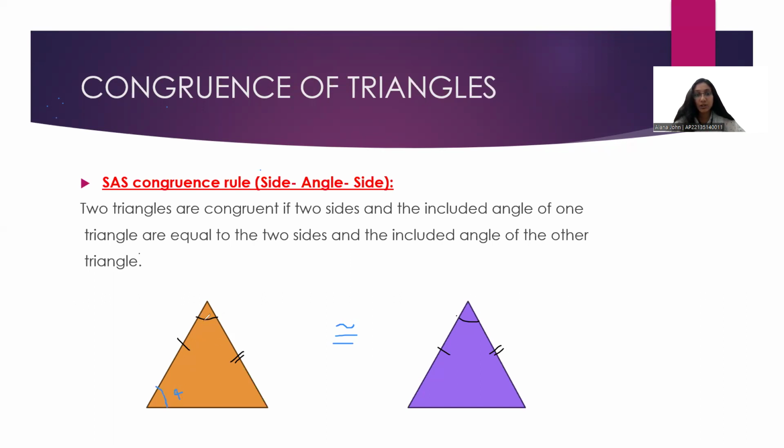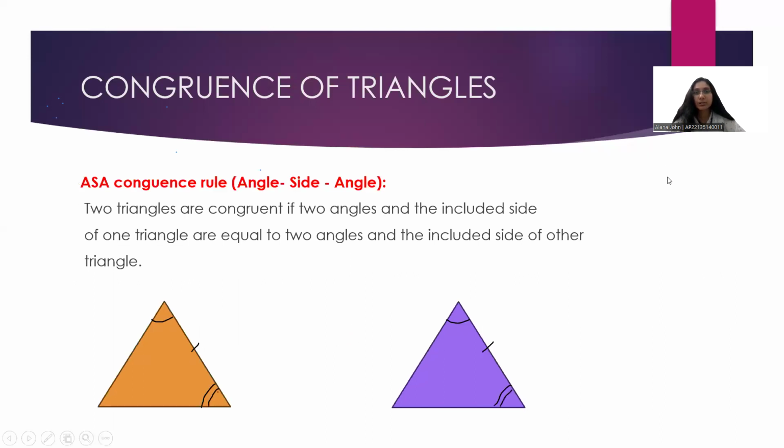The angle taken should be in between the two equal sides. Then by SAS congruence rule, we can say that the two triangles are congruent. Clear? So what is the SAS congruence rule? Two sides are taken to be equal and also the angle in between them is taken to be equal. Okay, so here is our first congruence rule.